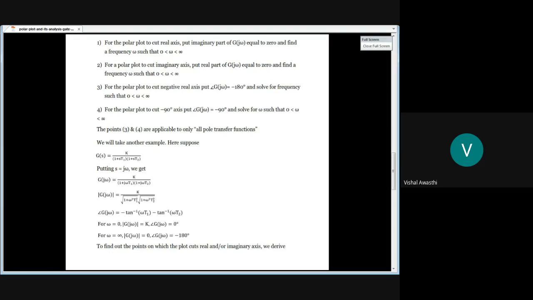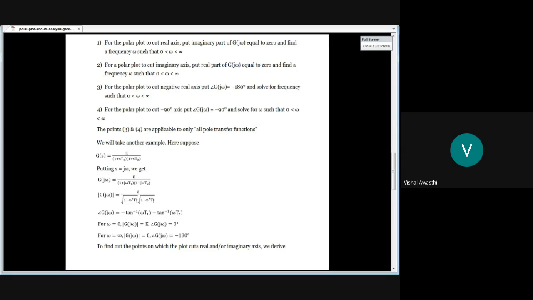So we have another question. In this one, G(s)H(s) is equal to K upon (1 plus sT1) times (1 plus sT2). The step is again the same.